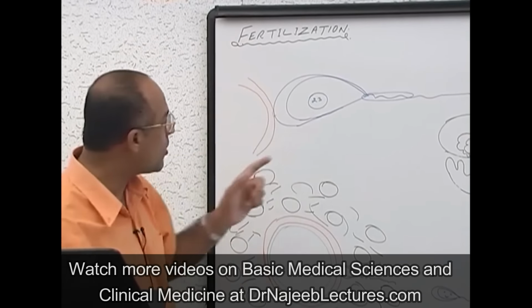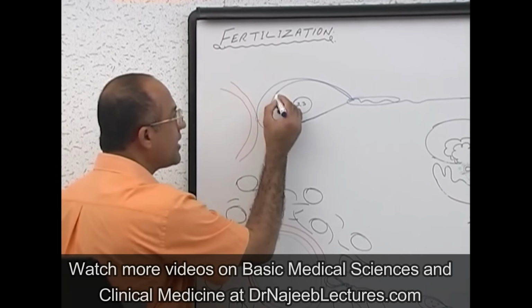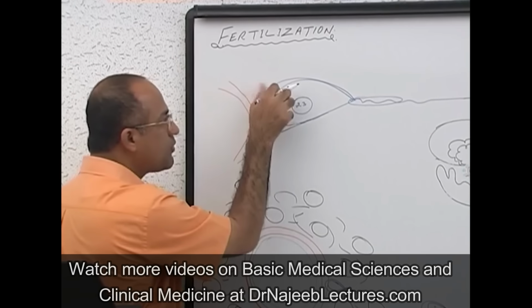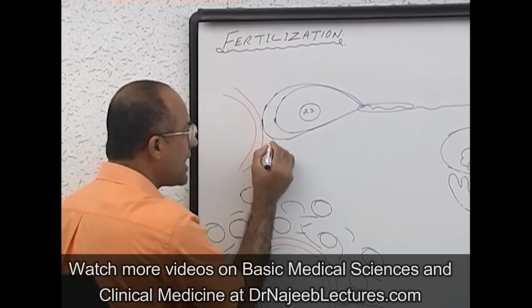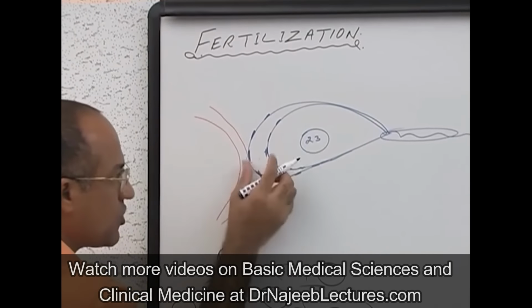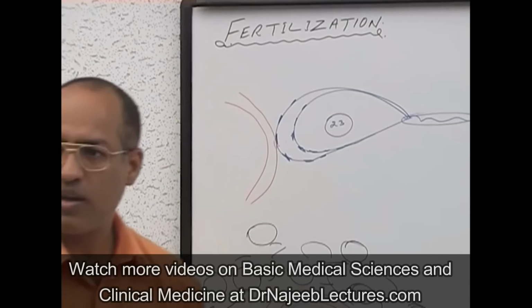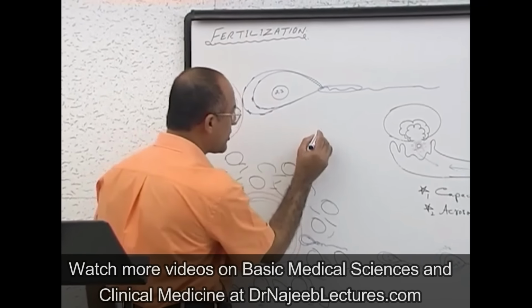Now, during this process at the acrosomal end, what really happens is that the inner membrane and the outer membrane fuse at multiple points. And when they fuse at multiple points, how will it look?